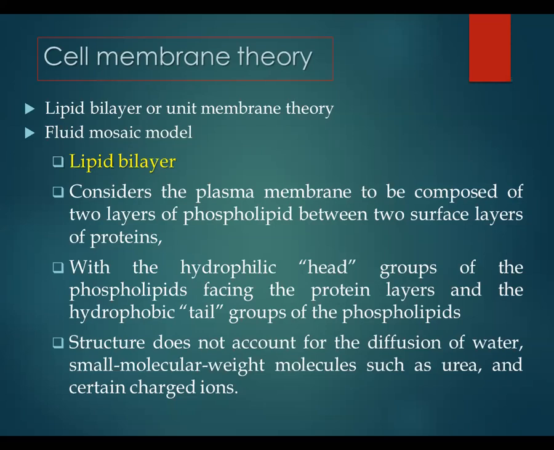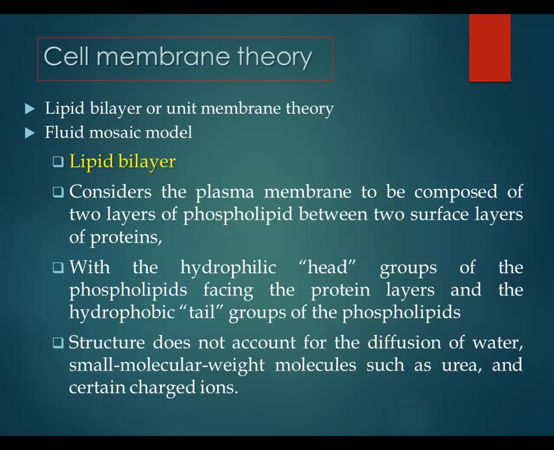The one is called the lipid bilayer or unit membrane theory. The other one is called the fluid mosaic model theory. These are the two theories based on which we try to justify the movement of the drug from the site of administration to systemic circulation in the GIT.